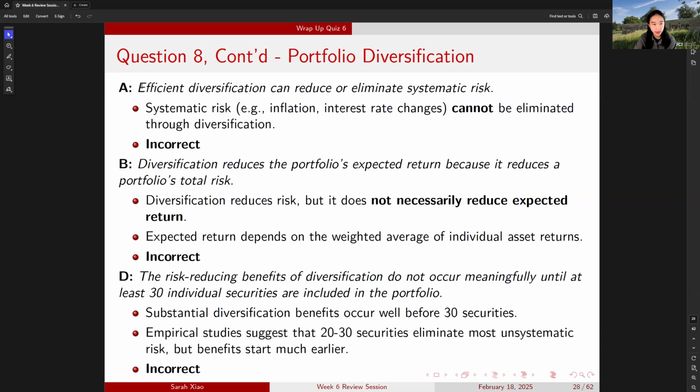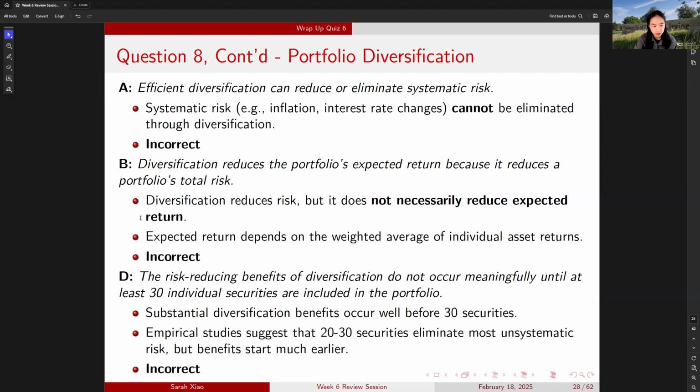For option A, it states efficient diversification can reduce or eliminate systematic risk. This is incorrect because we know systematic risk cannot be eliminated through diversification. For option B, diversification reduces the portfolio's expected return because it reduces a portfolio's total risk.